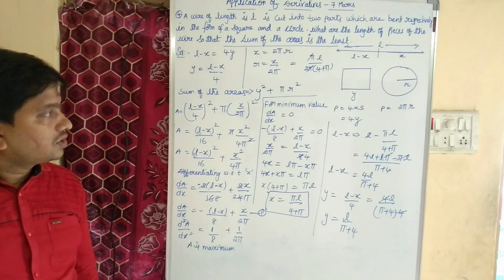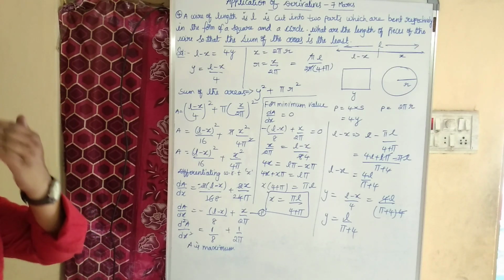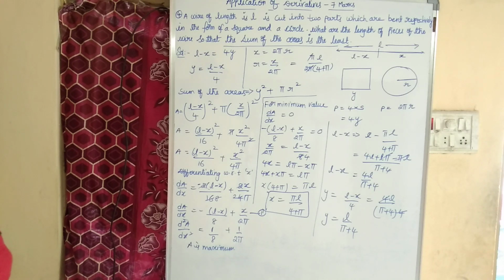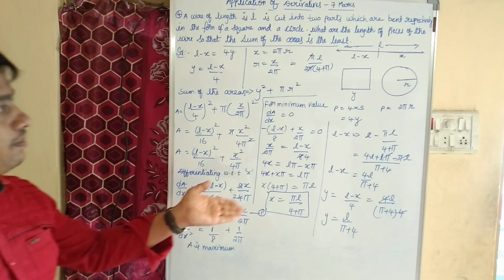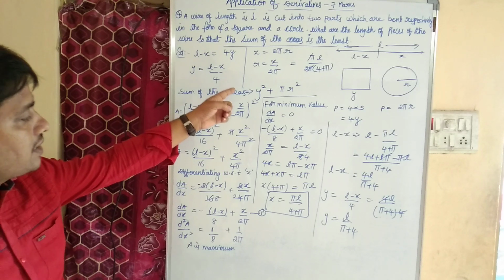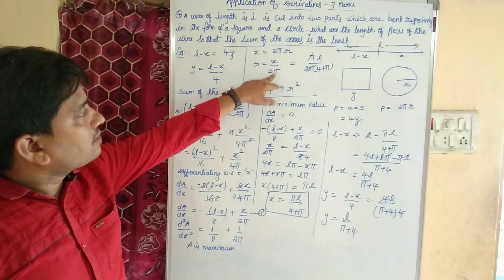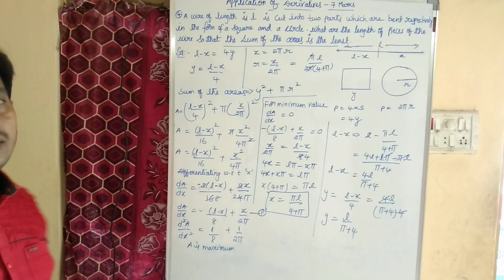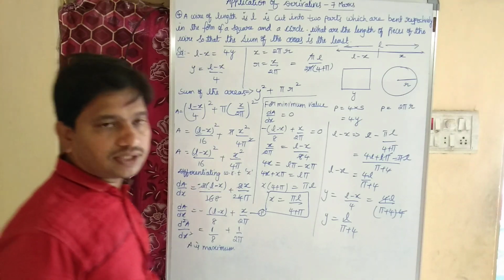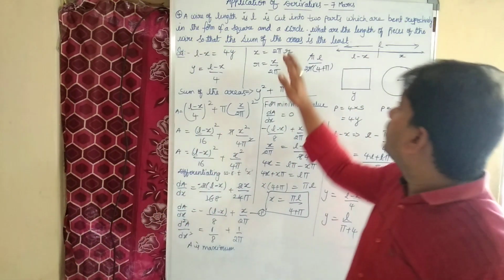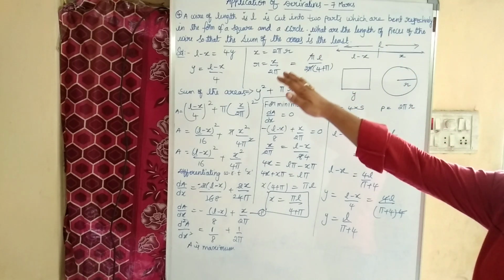Okay children? So these are the lengths of the pieces: y is L by (pi plus 4), and r is x by 2 pi, that is L by 2 into (4 plus pi).